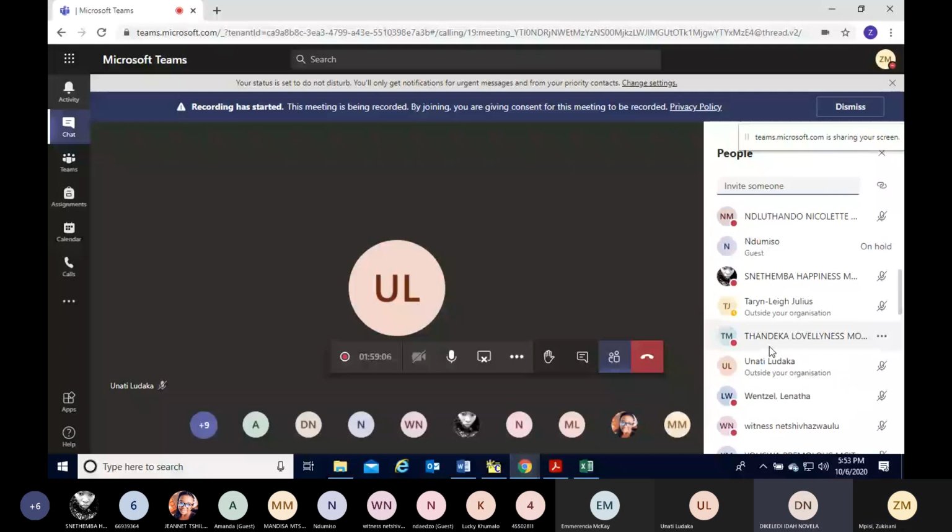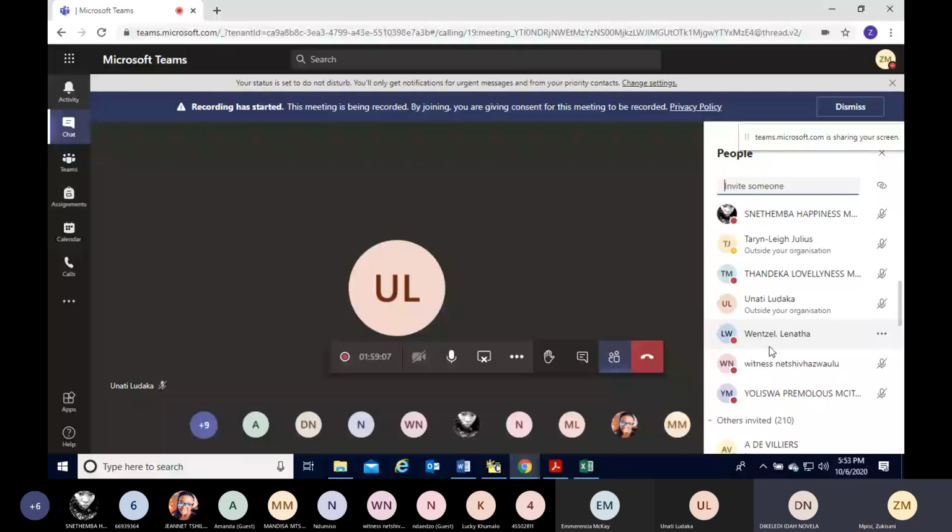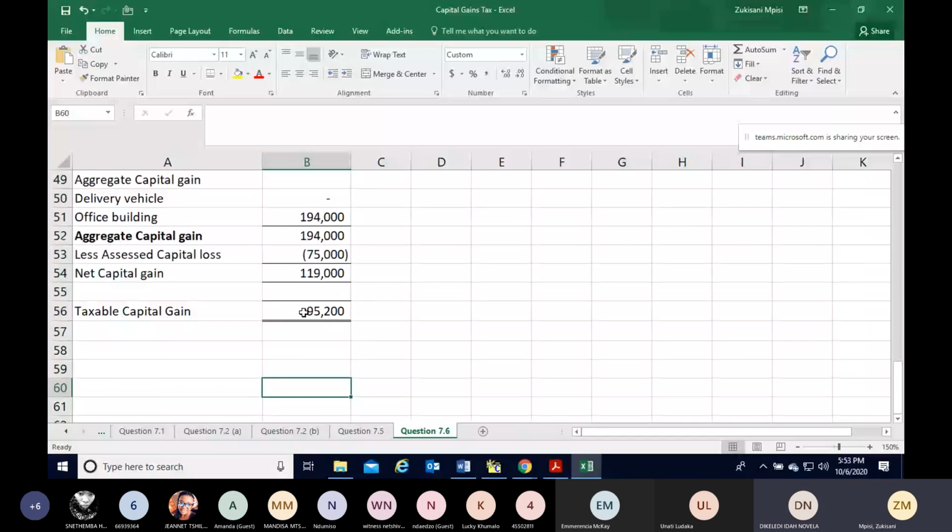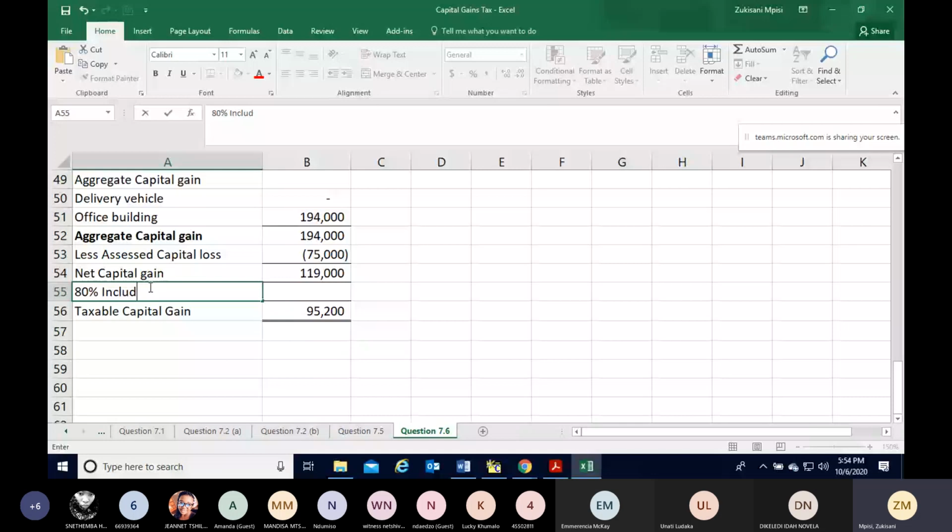Why must we multiply by 80%? Remember, what does 80% say? 80% says what is taxable. So the 80% is the inclusion rate into the taxable income calculation.